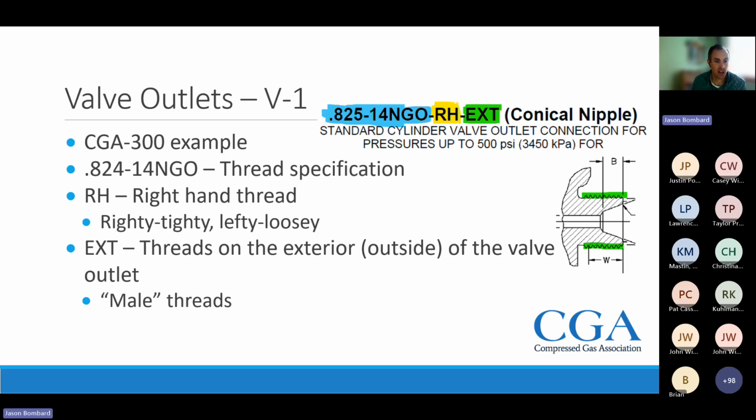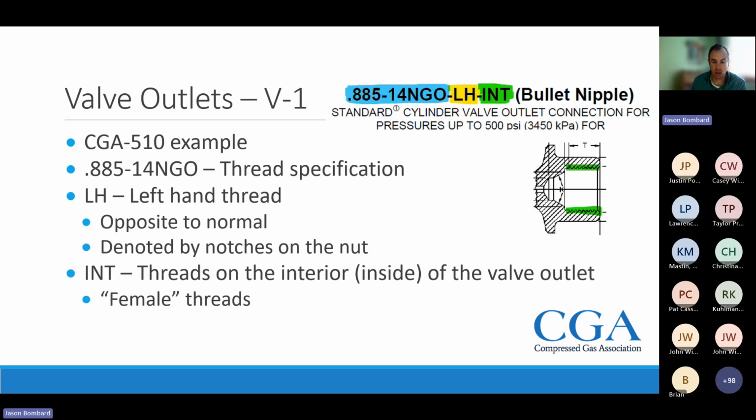This is a CGA 510. This is what you'll see a lot on a propane cylinder or an acetylene cylinder. So very similar. This one's 885 thousandths of an inch in diameter. Again, 14 threads per inch, straight thread. This one's a left-handed thread.